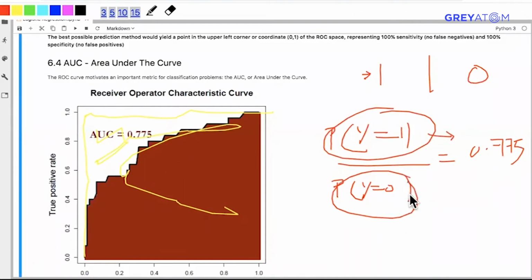This is just a ratio metric. So it says that in most of our cases, our model would be able to separate our y 1 and 0 in 77.75% of the cases. So that's what it says.